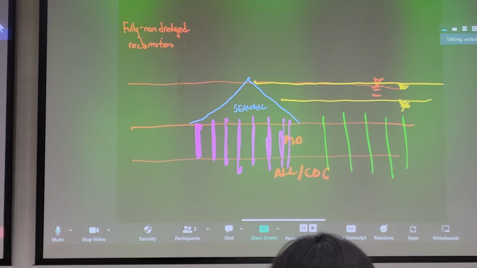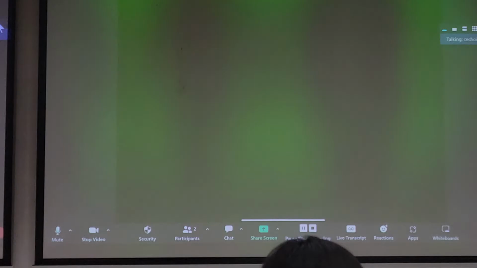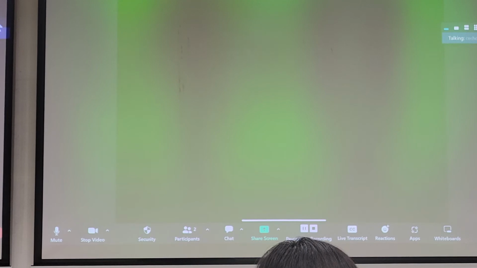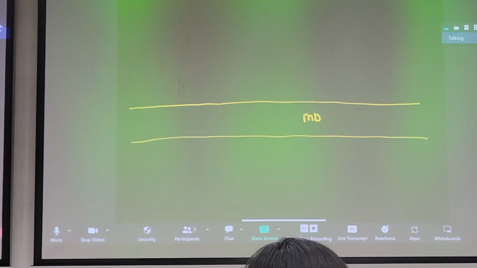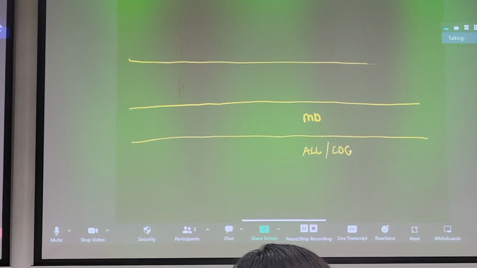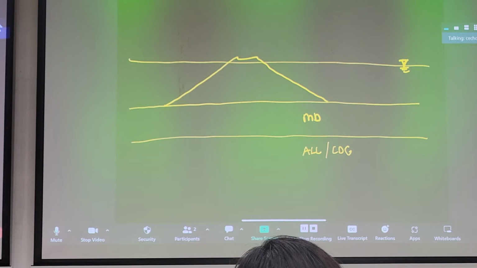Now, something interesting about stone columns, if I can draw a better picture here. So, if we have an MD layer, we have alluvium, CDG, let's say this is the sea level. We want to build some sort of seawall here, so this is, I'll choose a different color.